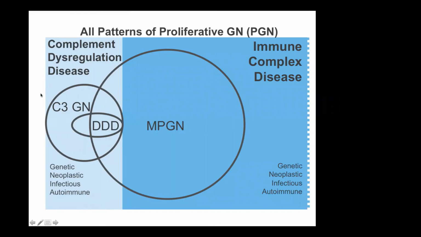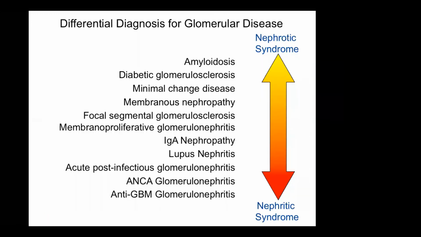Most C3 glomerulopathies are actually just regular C3 glomerulonephritis, which has just granular deposits of C3 along the capillary loops rather than, as I told you, these thick intramembranous deposits.